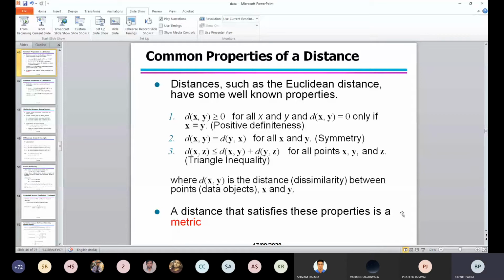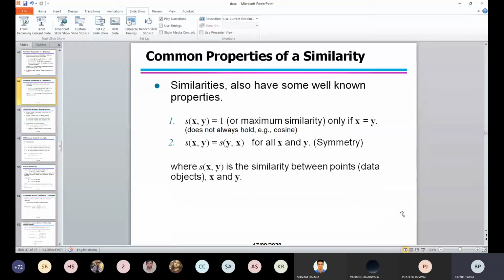Having said that, similarity also has some well-known properties. For the same point, it will have the maximum value, and similarity is very often symmetric. But as I said earlier, in some situations the similarity may not be symmetric.